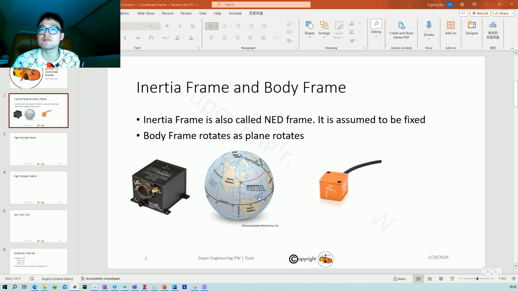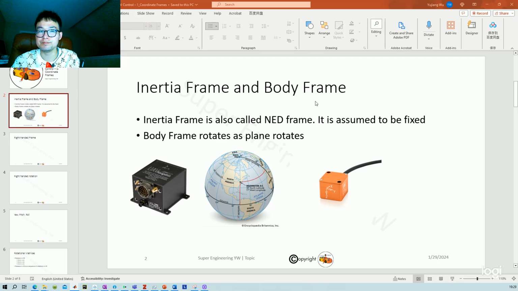GPS usually gives you an output that is in the so-called inertia frame, which we will cover a little bit later. And then the gyroscope usually gives you information inside the body frame.